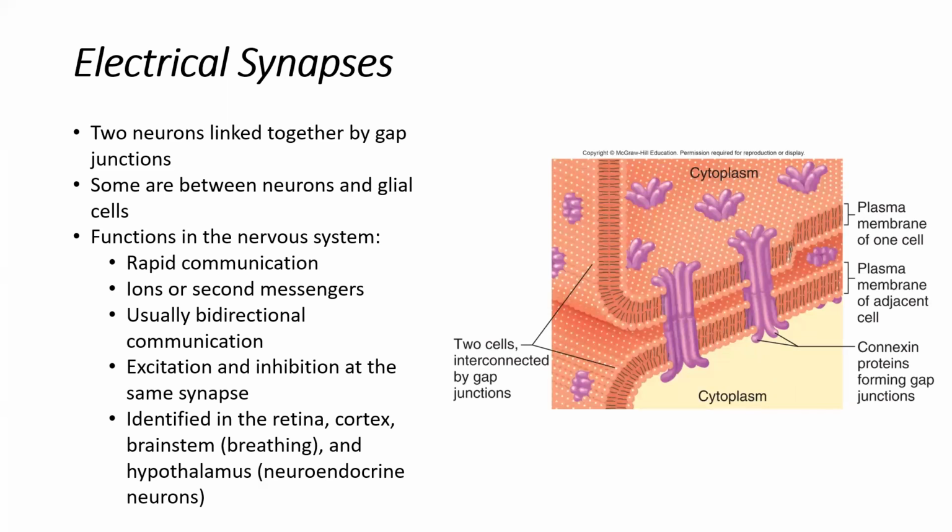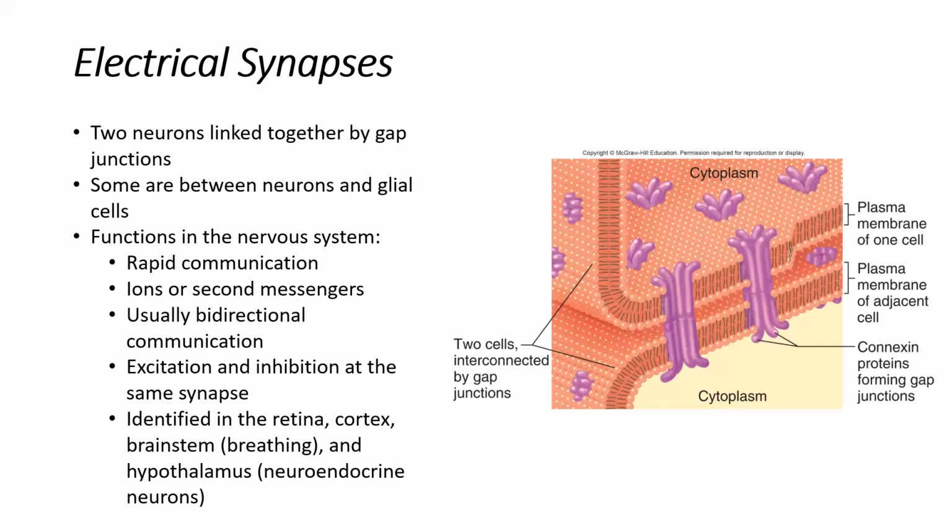They can be excitatory or inhibitory, so they can either stimulate the cell or inhibit the cell, in other words, depolarize or hyperpolarize the cell, depending on the types of ions and second messengers being transferred from one cell to the other.